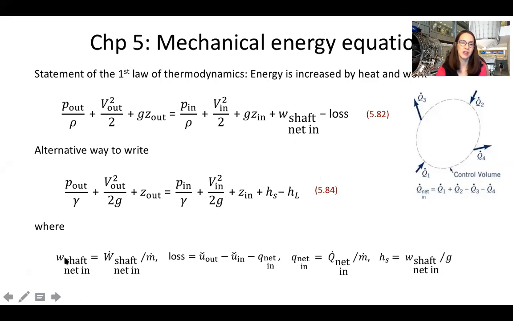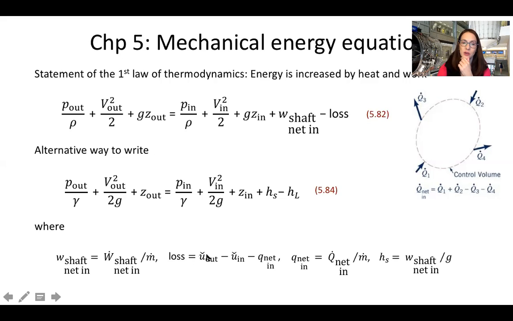And then just reminding ourselves these little conversions that we're going to use all the time when we deal with these energy equation problems, that the work in per unit mass is the same as the work per time, capital W dot, which is power, right? So capital W dot has units of horsepower or other terms of power, divided by m dot.